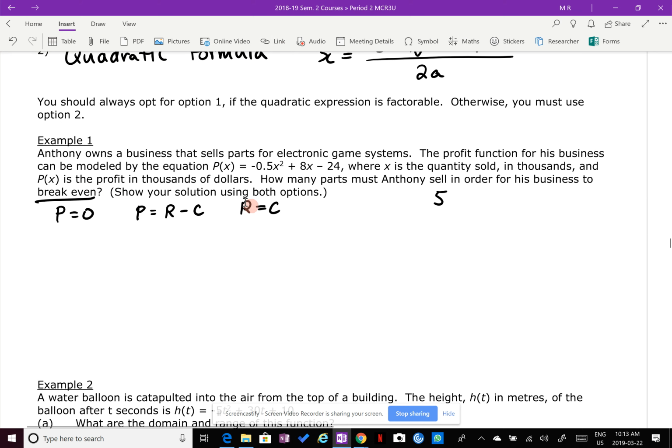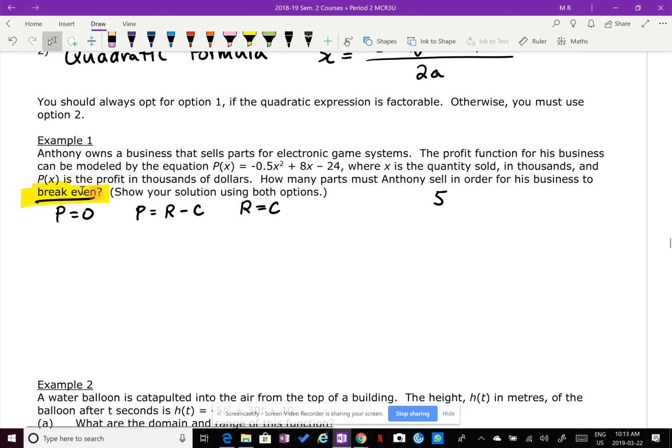So all the revenue means all the money you earn is equal to all the costs, the money that you have to pay to either make, manufacture, or buy your product that you're trying to sell. So profit equals 0. So that's the key thing when you see these words break even. And that break even is very common to see in your study economics or accounting.